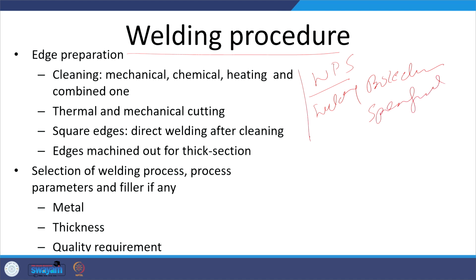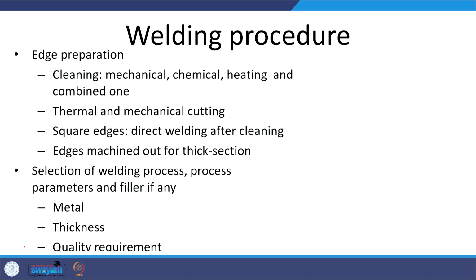So, what is done is, initially, for the two components to be joined, we try to establish the different aspects related to the welding procedure in such a way that we are able to develop a joint which will perform the desired function, in terms of the properties that are desired from the weld joints. Okay. So, not just developing a sound joint, but also one that performs and delivers the desired function.